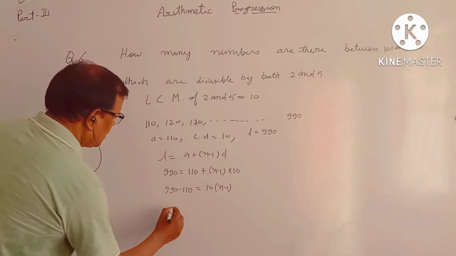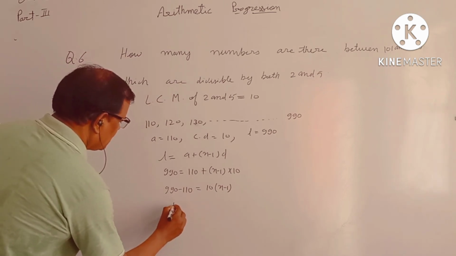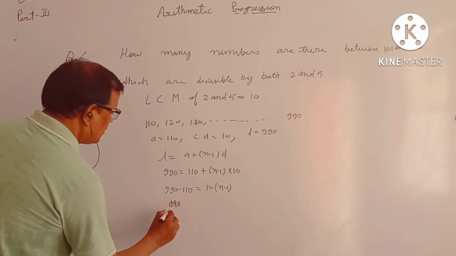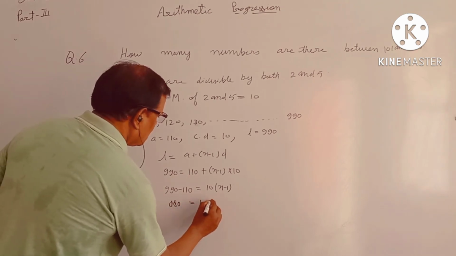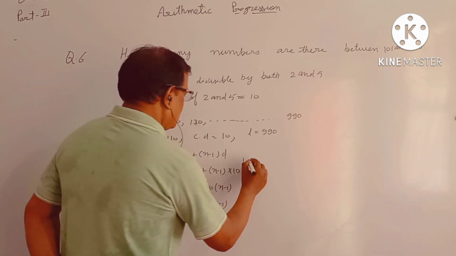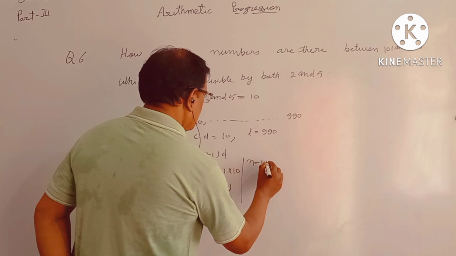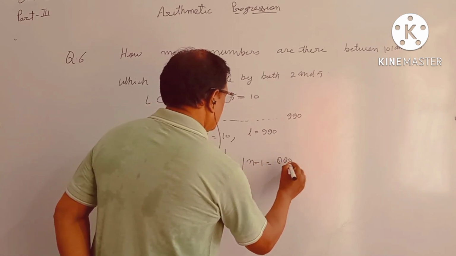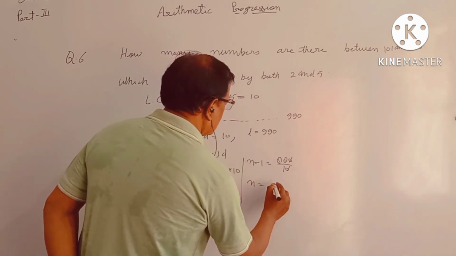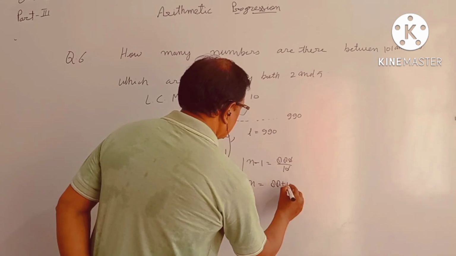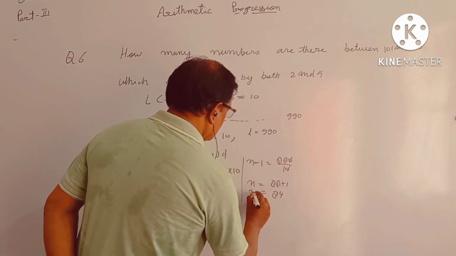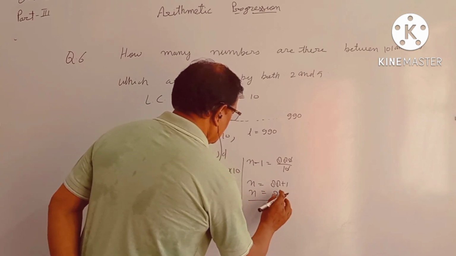Here we subtract: 9 minus 1 is 8, and 0 minus 0 is 0, so it is 880, equal to 10 into (n minus 1). Now n minus 1 equals 880 by 10, the 0 cancels, so n equals 88 plus 1, which is 89. Now the terms are 89 here.